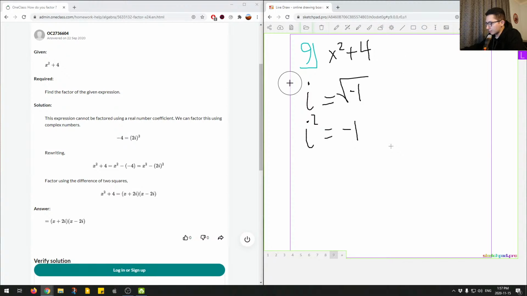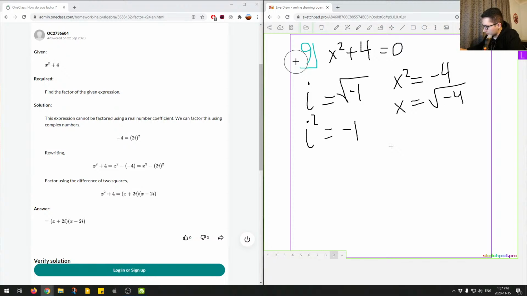So knowing this, let's say we set this to 0, we have x squared equals negative 4. So we move the positive 4 to the other side. We end up with x is equal to plus or minus the square root of negative 4. We know the square root of 4 is 2, so we can say it's plus or minus 2, bringing that out to the front of the square root.